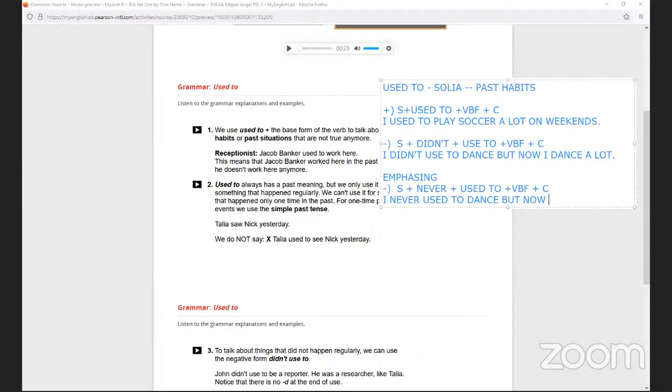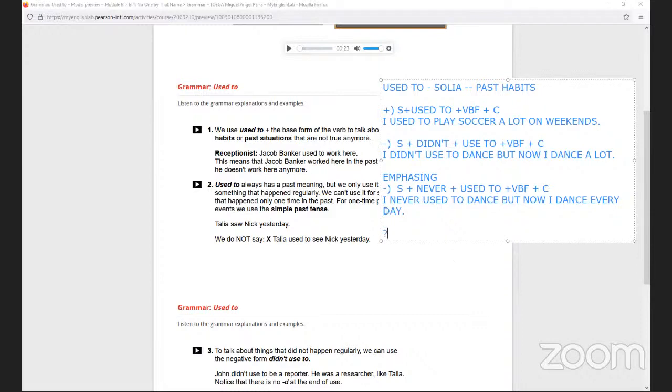For example, I never used to dance, but now I dance, I don't know, every day. And this is more specific, right, talking about the time. And that's why we use it like an emphasis here.